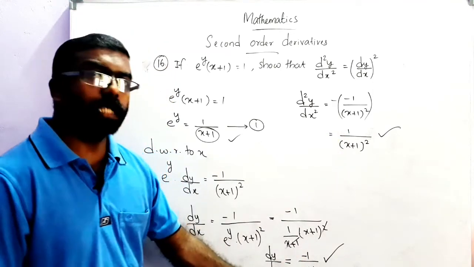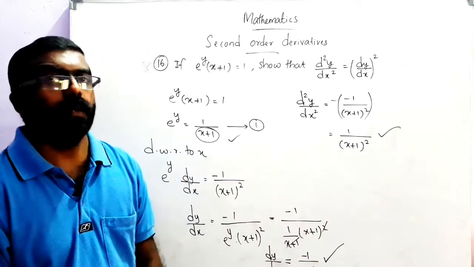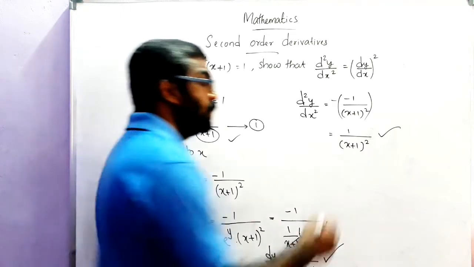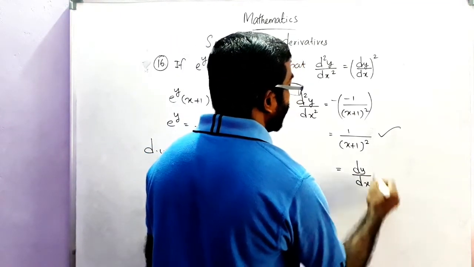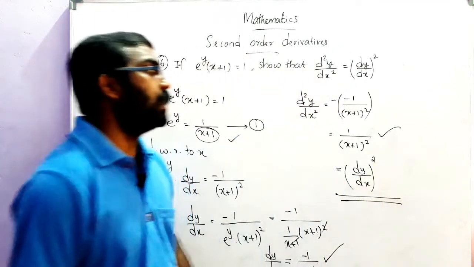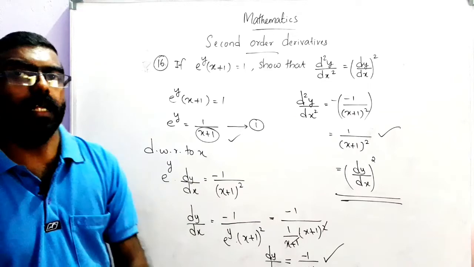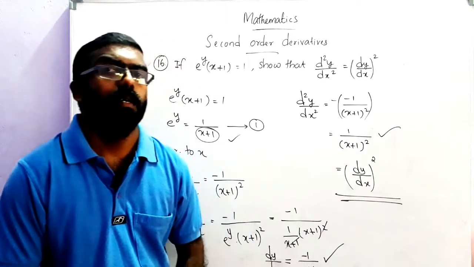And the denominator x plus 1 square is what? x plus 1 the whole square. Clear? So which is equal to dy by dx the whole square. That is d square y by dx square is equal to dy by dx the whole square. Understood?